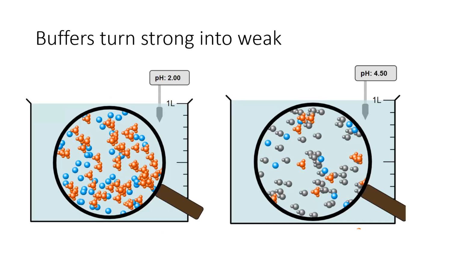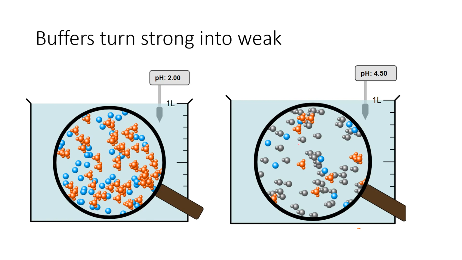So buffers. The reason why your blood doesn't become very acidic when you have stomach acid in your stomach is because what blood has in it is called a buffer. And the buffer basically will turn anything that's strong into something weak. So think about having a strong acid added to a weak acid.